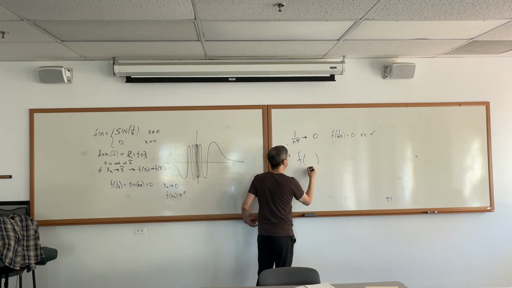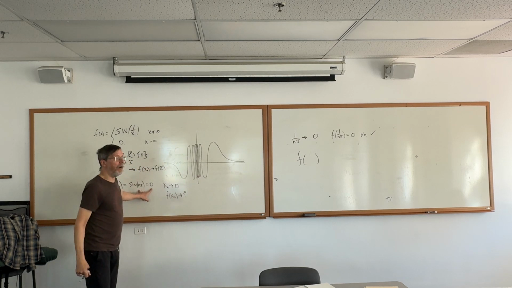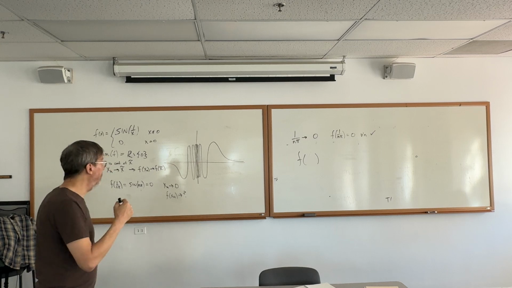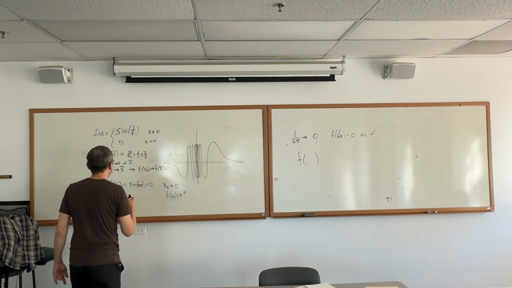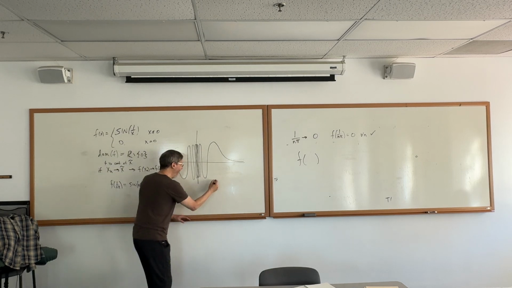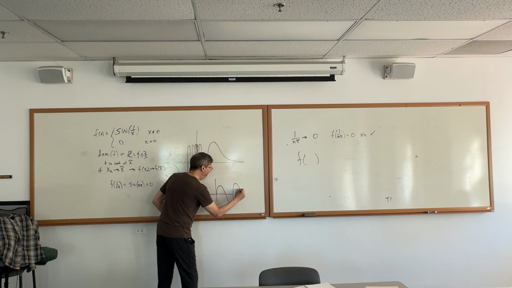Can you give me another one that might not come to 0? 1 over pi, like half, like 1 over pi over 2 plus pi n. I like the way you're thinking.